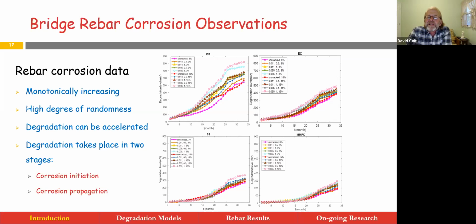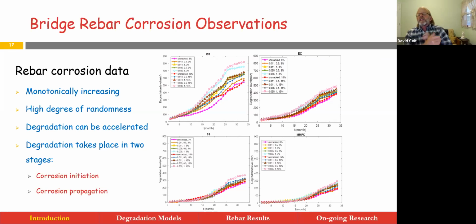Well, that can't be really. And then there's another interesting one, also in the black steel, where the rebar in the uncracked concrete, for a while anyways, has more corrosion. So there is a high degree of randomness. And notice how many of the lines go up and down in waves. That's not unusual at all.